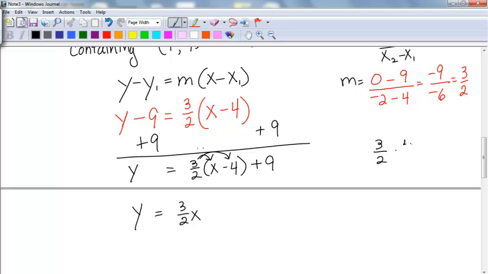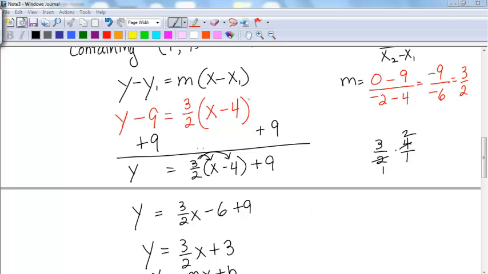Because you're multiplying like this, you can reduce. So you get minus 6 and then plus 9. So 3 halves x plus 3. Okay? And is that in the form y equals mx plus b? Yes.